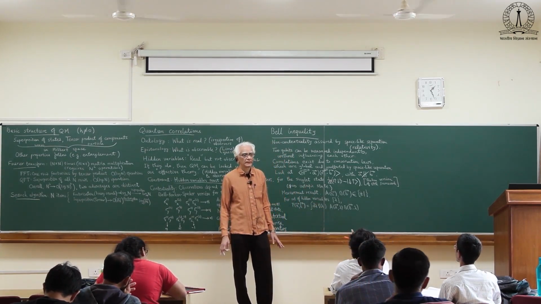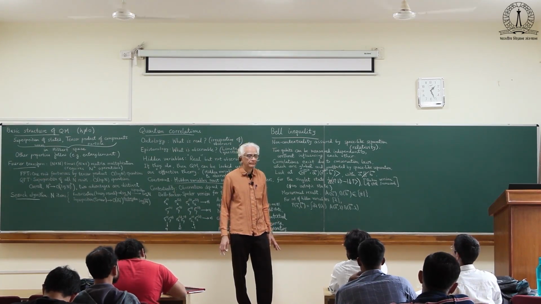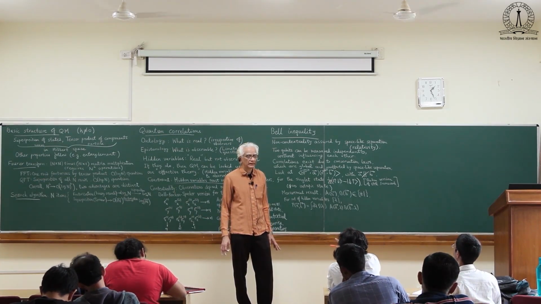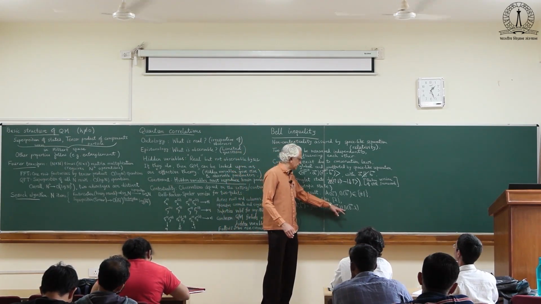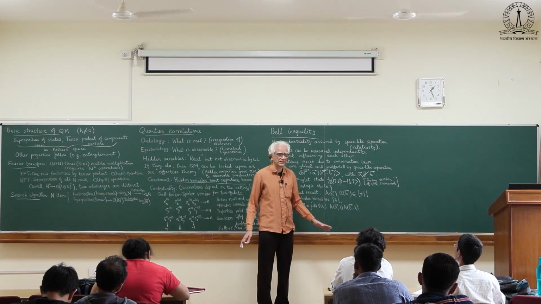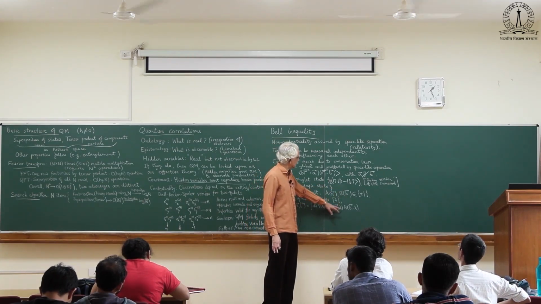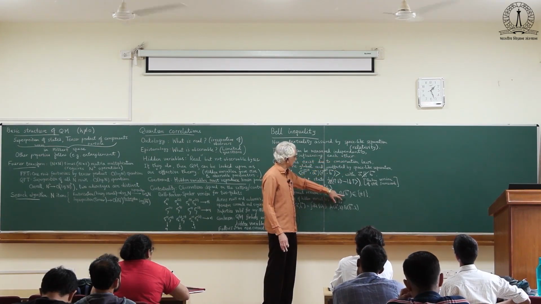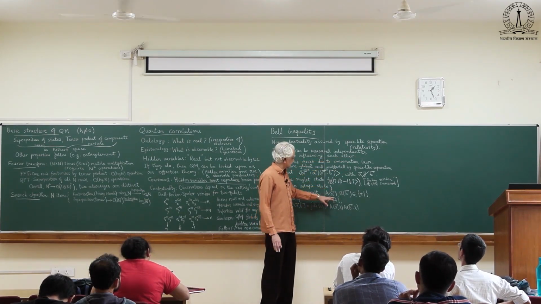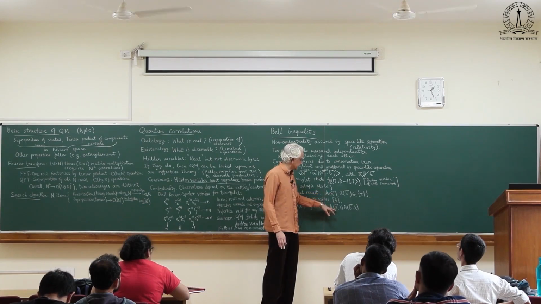So they both are independent. If they both are independent, then the correlation should be zero. I know that these two are independent to the extent of the space-like measurement which I make. So that allows me to do A and B independently.